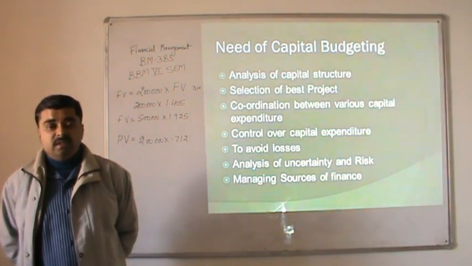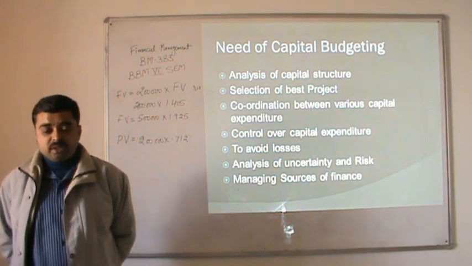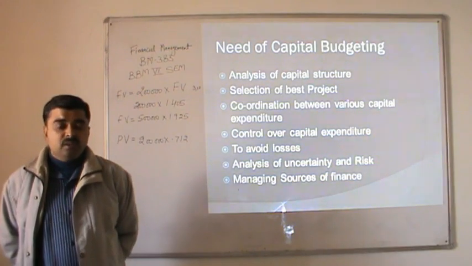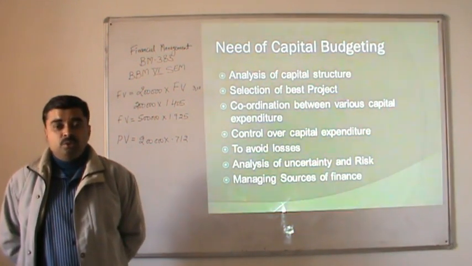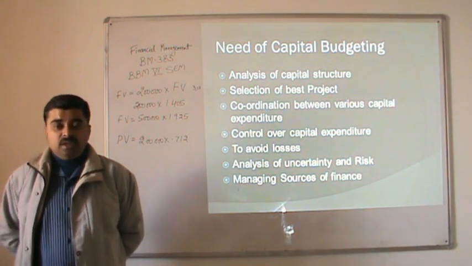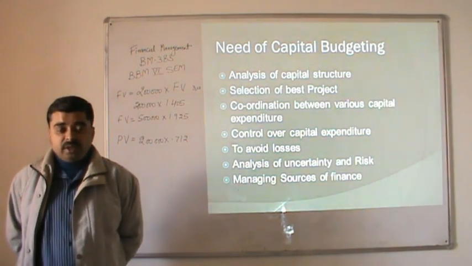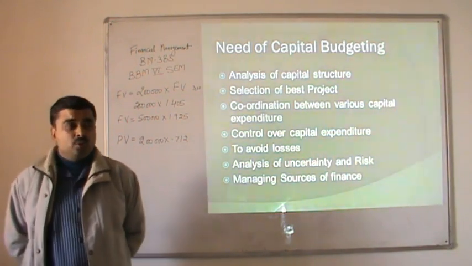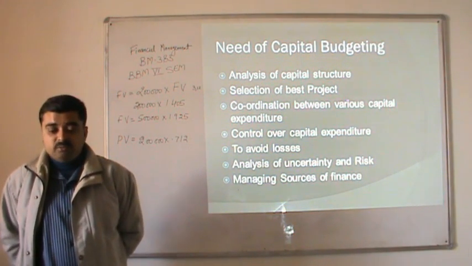When we know that this much money is available for the capital expenditure, we can put better control. We can also avoid the losses which may be due to bad control over the project. So capital budgeting will provide the details of when, why and up to what amount we can spend in one particular investment proposal.